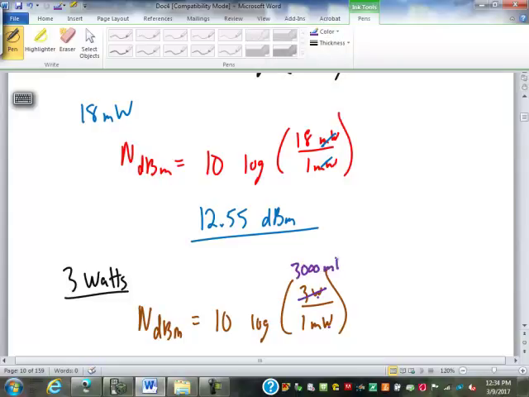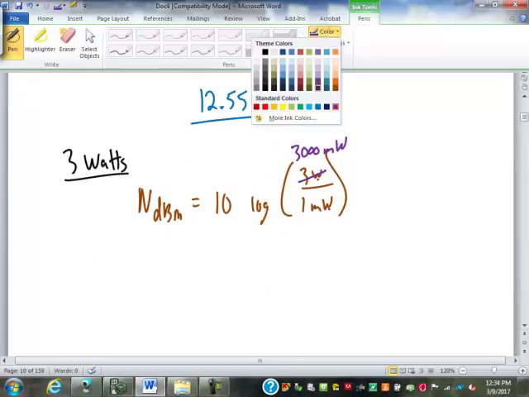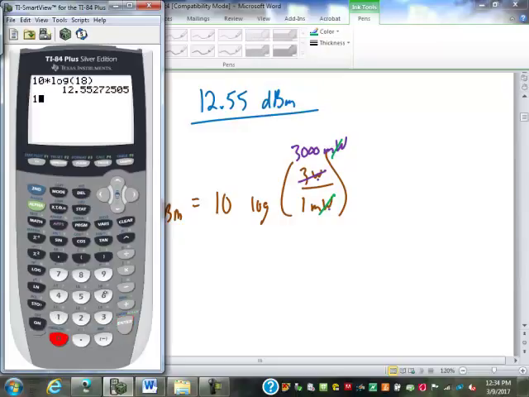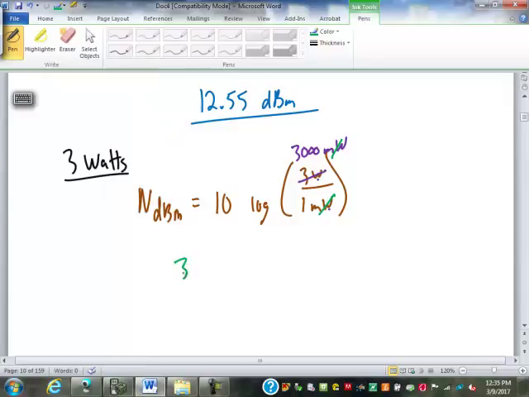So I have to make that 3,000 milliwatts. So the milliwatts cancel out. I could have made the milliwatts into 0.001 watts. That would have worked. I always like to leave the milliwatt as 1 milliwatt because then I don't have to put in a fraction in there. I just put in whatever the top number is. So that's only 34.77 dBm.